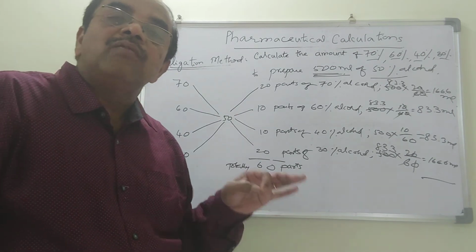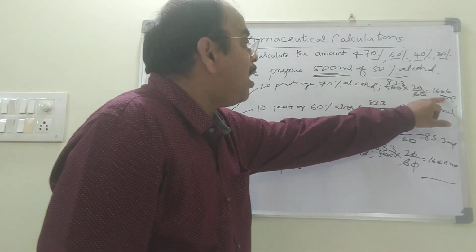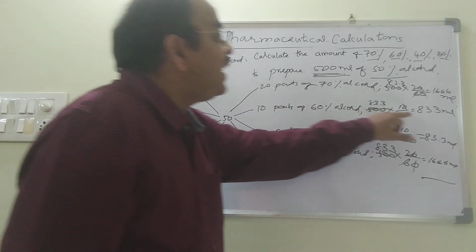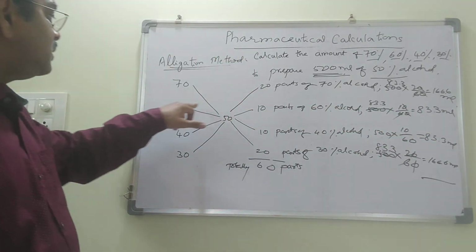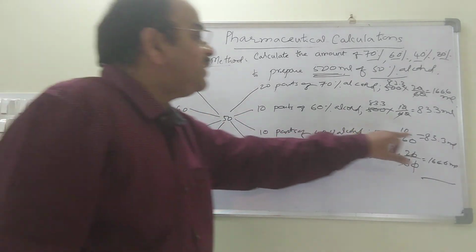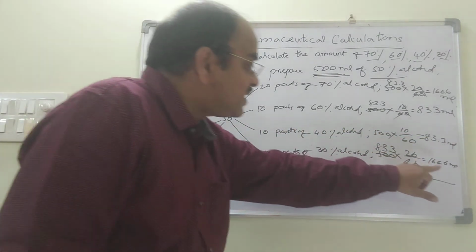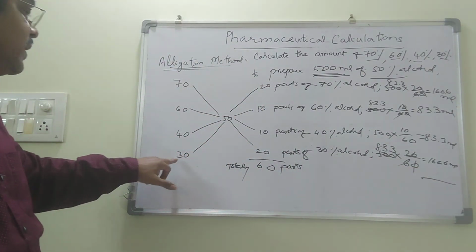We need 166.6 ml of 70% alcohol, 83.3 ml of 60% alcohol, 83.3 ml of 40% alcohol, 166.6 ml of 30% alcohol.